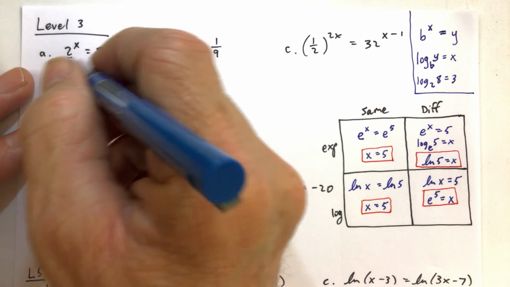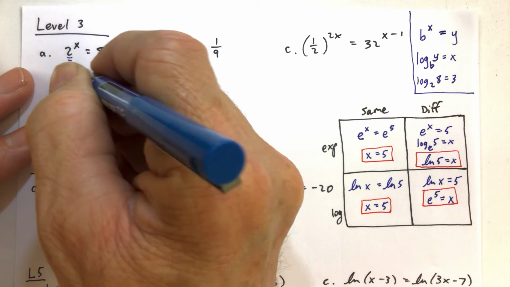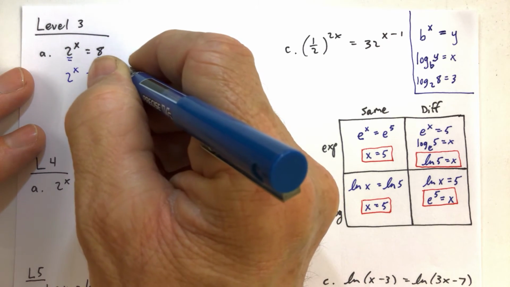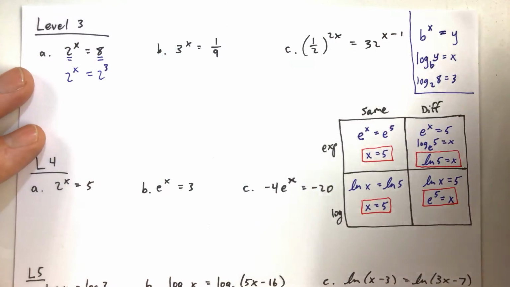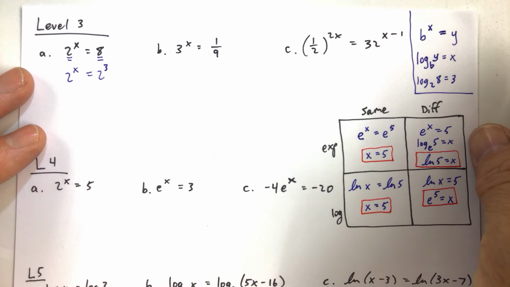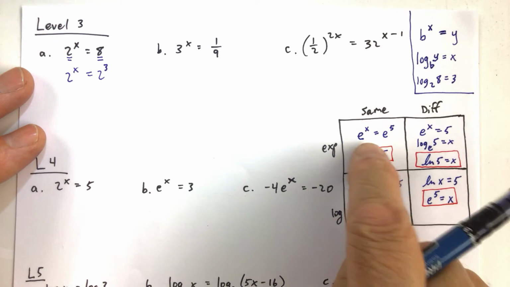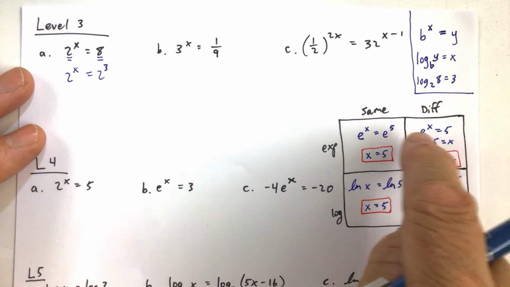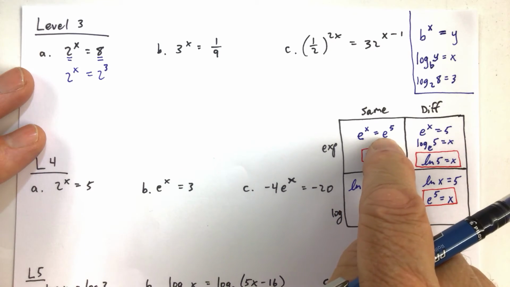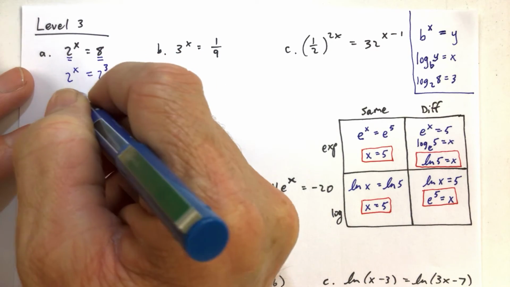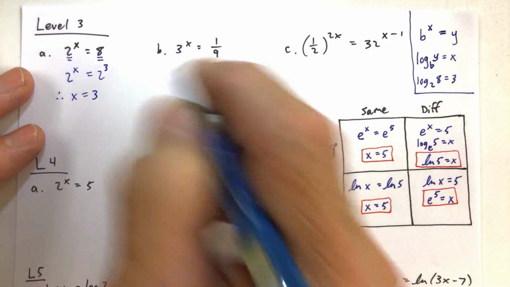Both 2 and 8 can be written as a power of 2. When you can do that, this would be an exception to the rule that you don't always have to convert exponential to log form. We've talked about this: if the bases are the same, that means the exponents have to be the same. So x then has to be equal to 3.